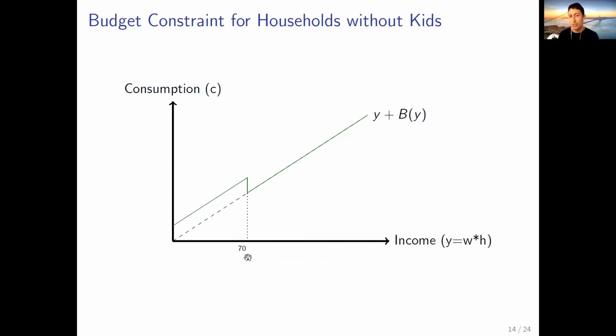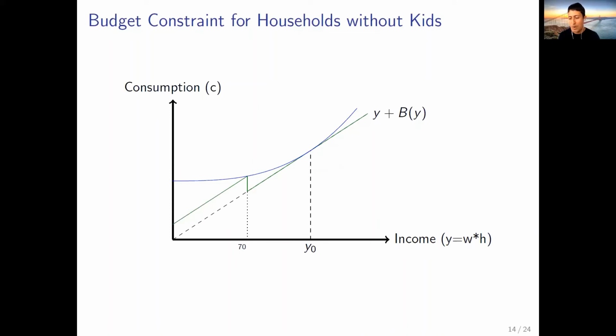And if you think about the utility functions, for those of you that took microeconomics, the preferences of this household can be represented by different curves like this blue line. And the way to think about this is that because income is the product of hours worked and hourly wage, and working more is costly from the point of view of the utility of the households, the more you work, the less happy you are. So utility decreases this way.